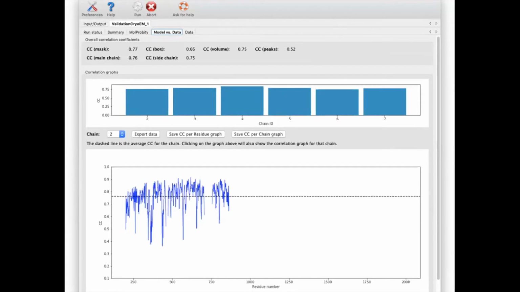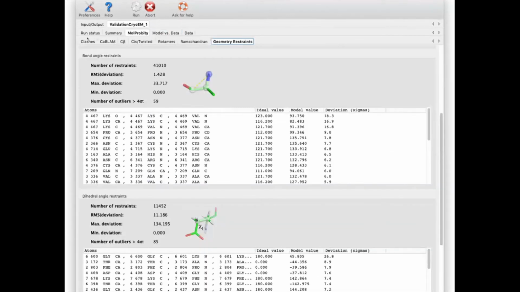And so under the MolProbity tab, you have 6 different things, geometry restraints, even at higher resolution are pretty well restrained, but particularly at lower resolution, you really want to have tight restraints on the geometry.